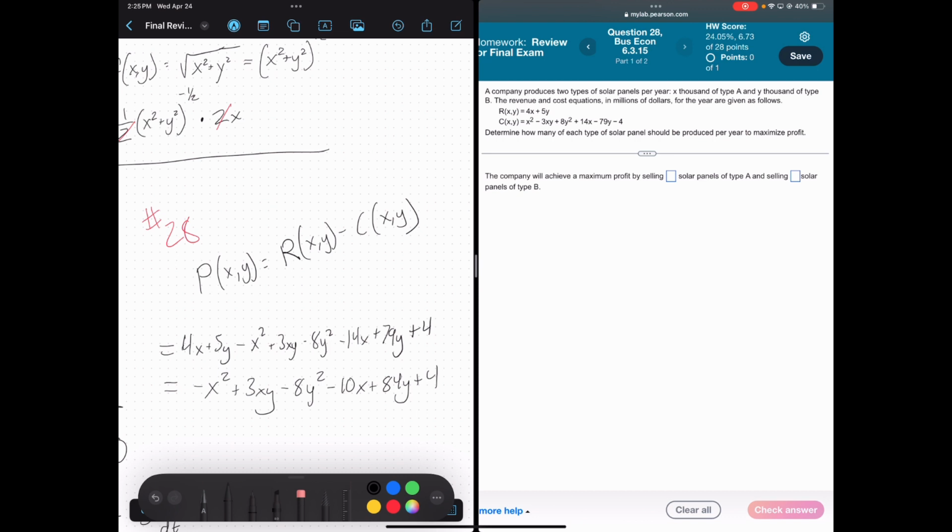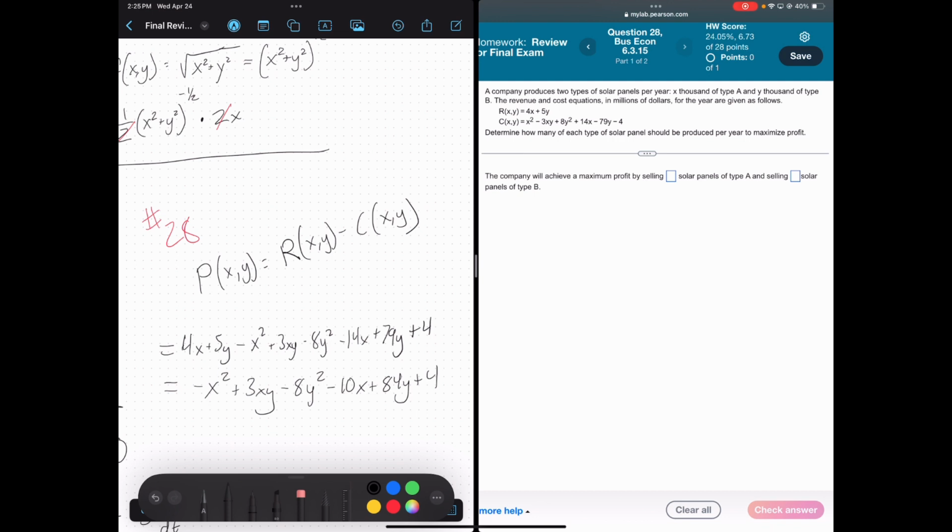How does optimization work with multivariable functions? What do I need to do first? That's my first step. I need to find critical points.